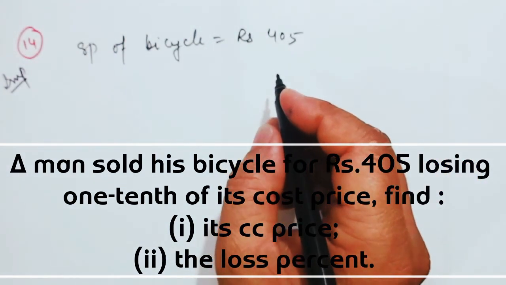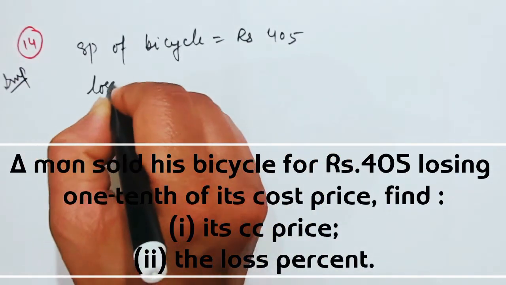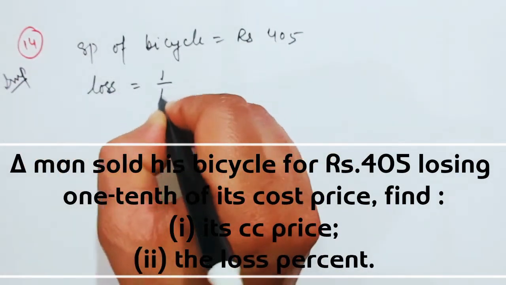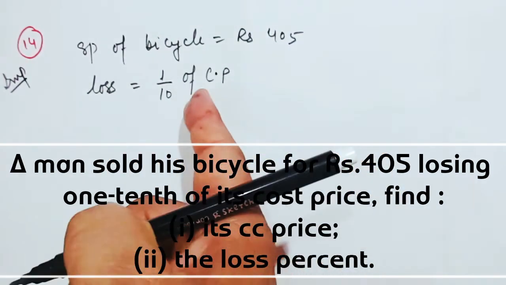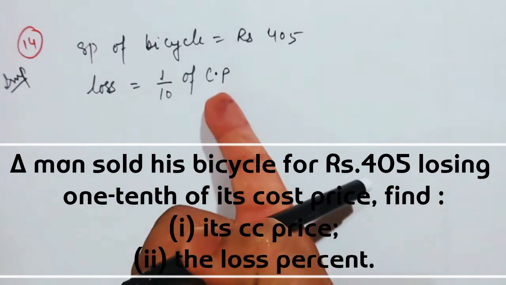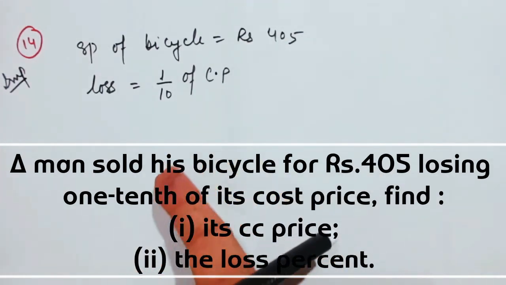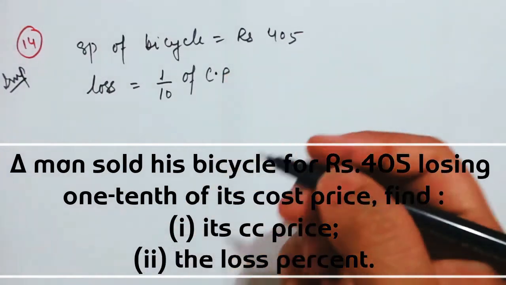Losing 1/10 of its cost price. So loss is equal to 1/10 of cost price. Here you cannot take cost price as 100. Okay. Here you can, because you are being asked to find out the cost price. That is why. So let the cost price be X.